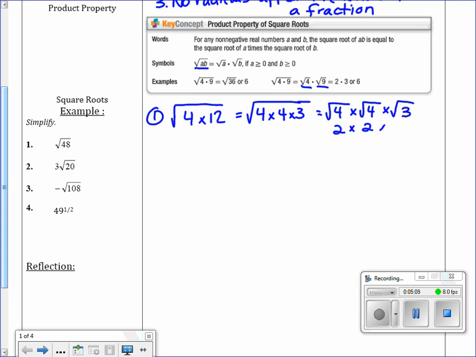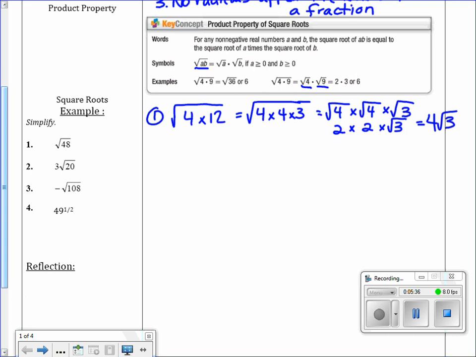And the square root of 3, that can't be changed into anything other than the square root of 3, an irrational number. So we're going to leave that in that form. So we'll have 2 times 2, which is 4, times the square root of 3. And that's it. That's your answer.